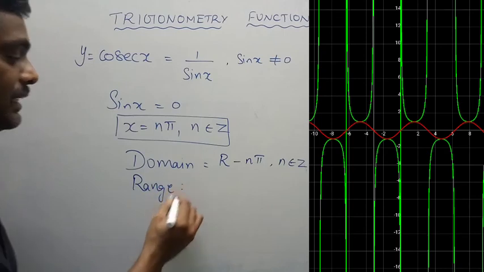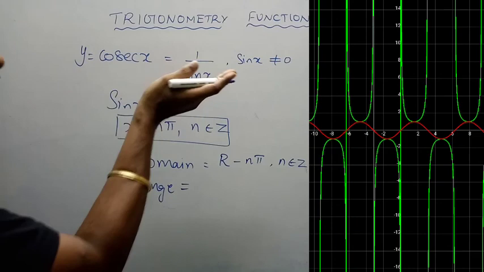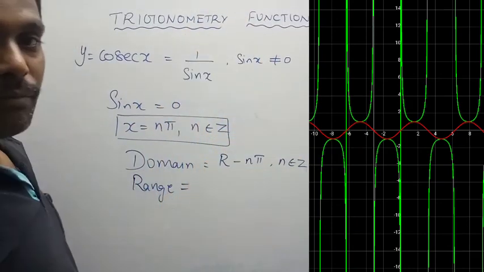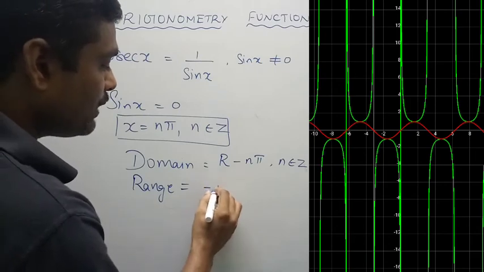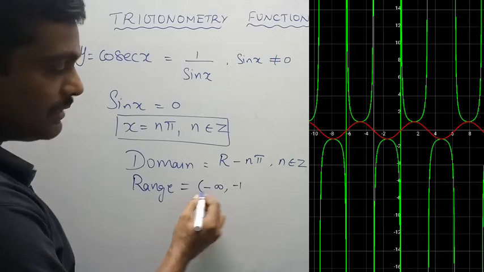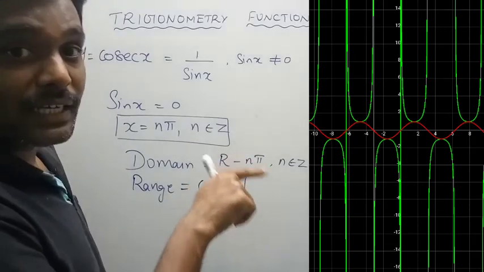When you see the graph, the range lies above 1 unit and below -1 unit. So it takes minus infinity comma -1, open interval from minus infinity up to -1, and it never lies between -1 and +1.